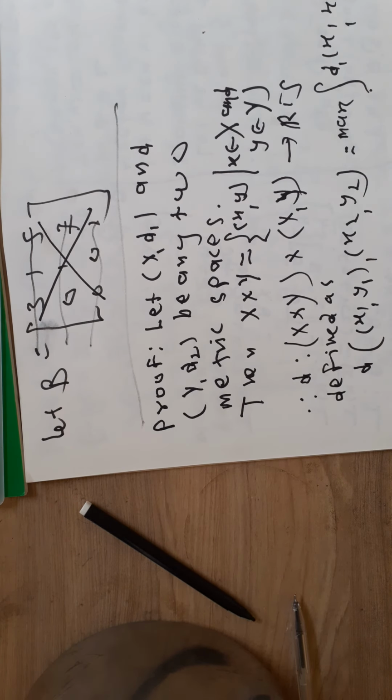See here, the distance between (x1, y1) and (x2, y2) is defined as the maximum of d1(x1, x2) and d2(y1, y2).